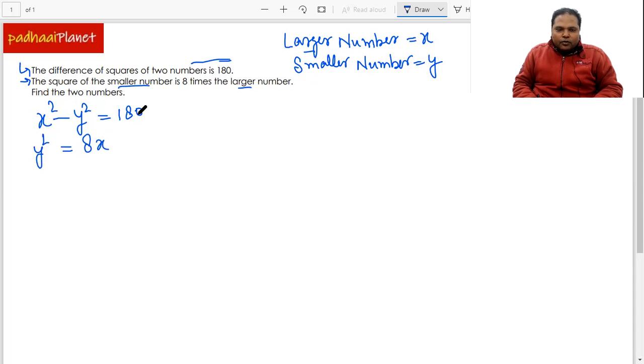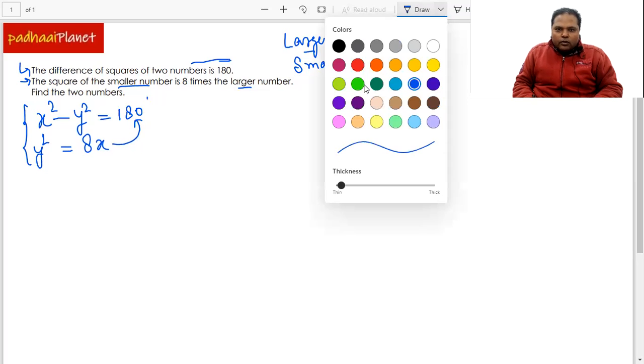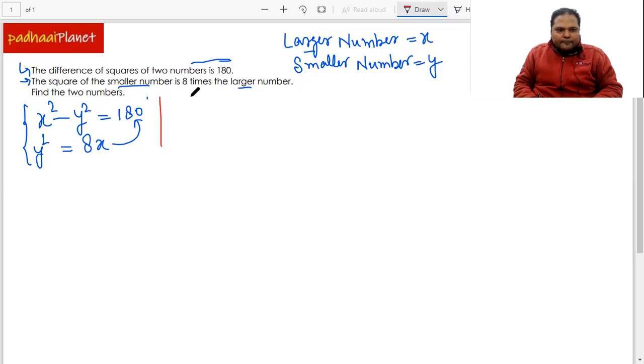Now these two equations are there and we are going to solve them, right? So let's simply put this value of y square into this equation. It will look something like this: x square minus 8x, and that's equal to 180, right?